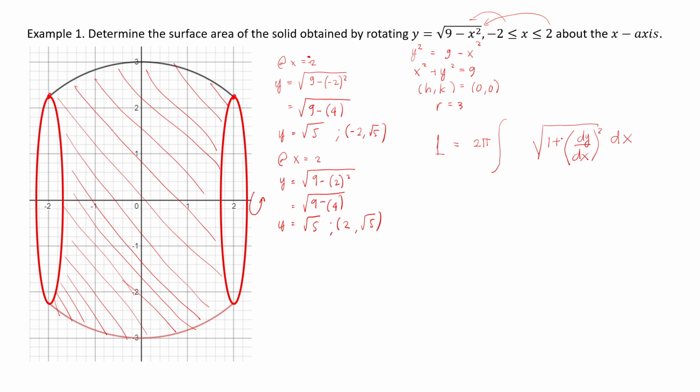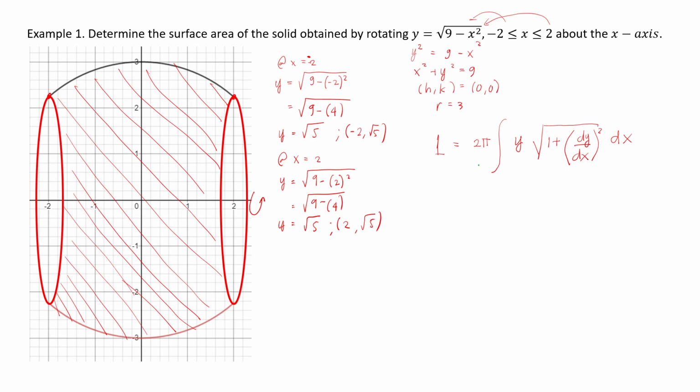And then since we're rotating about the x-axis, this one should be y. So 2 pi the radius, and then dy over dx. So let's try to go through the different formats of your solution.